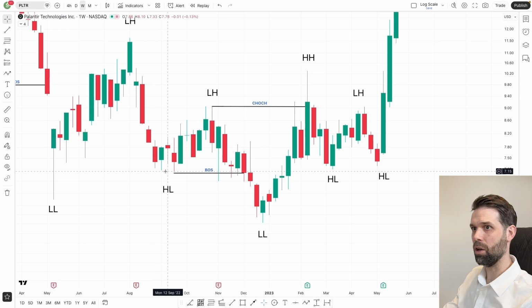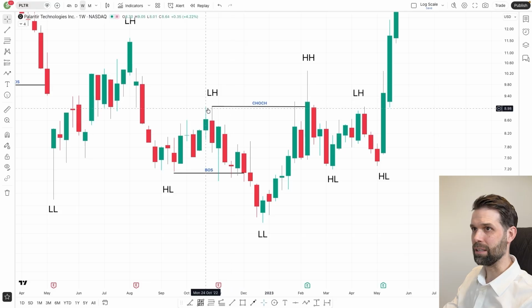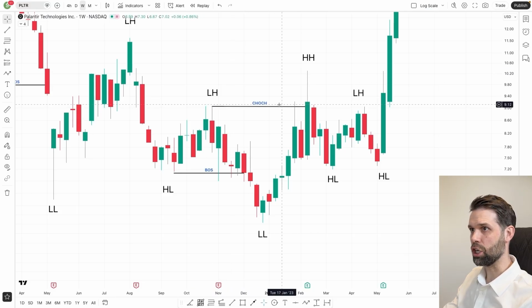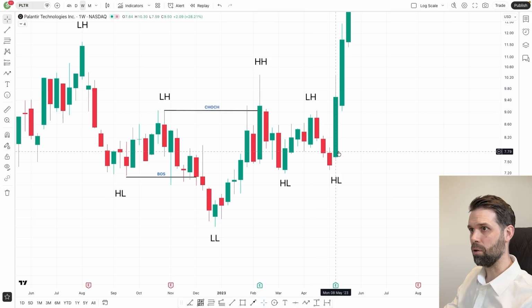So we've made a higher low down to a lower low, a break of structure to the downside, but now we've closed candles above our previous lower high, and we make a higher high, and that is a change of character to the upside. And we make a higher low, followed by a lower high, followed by another higher low.